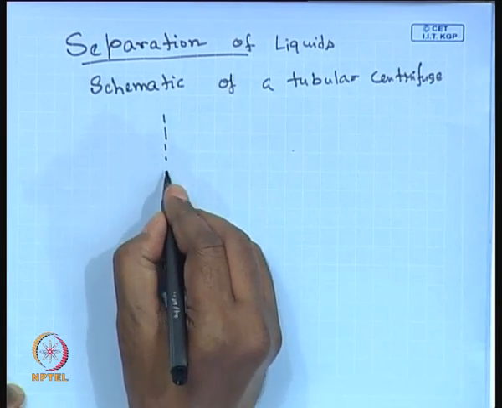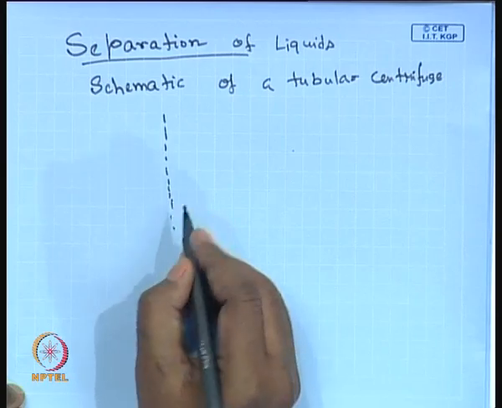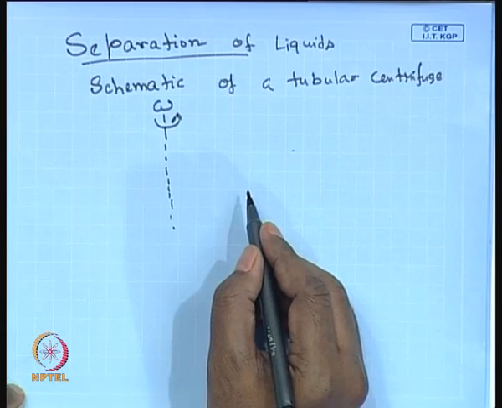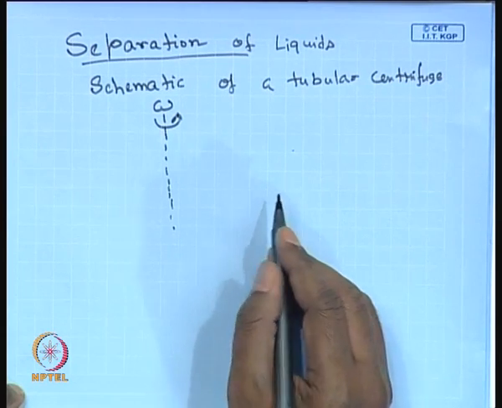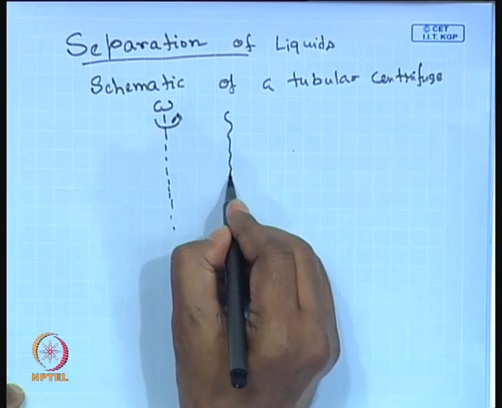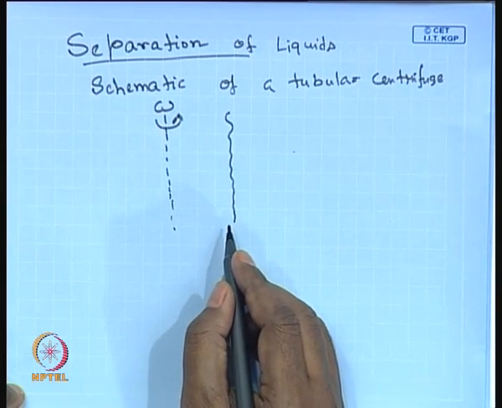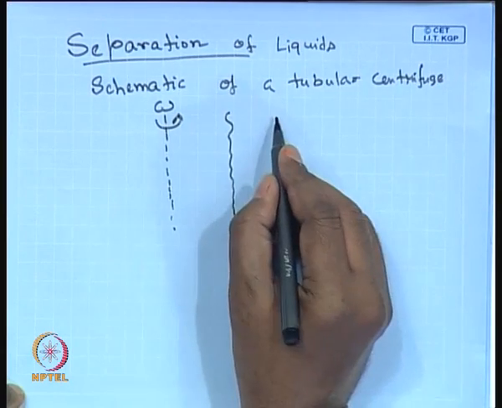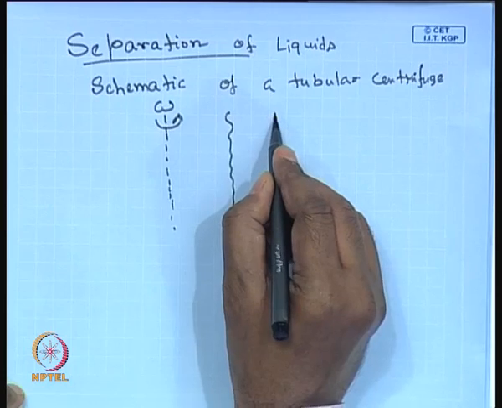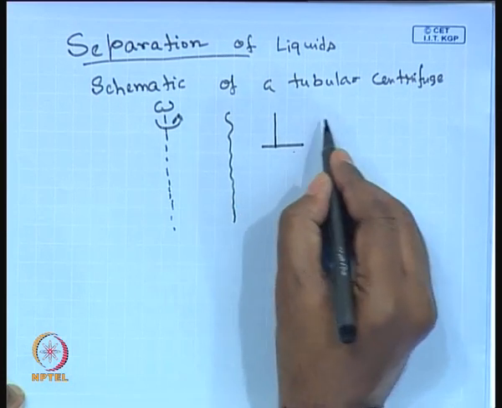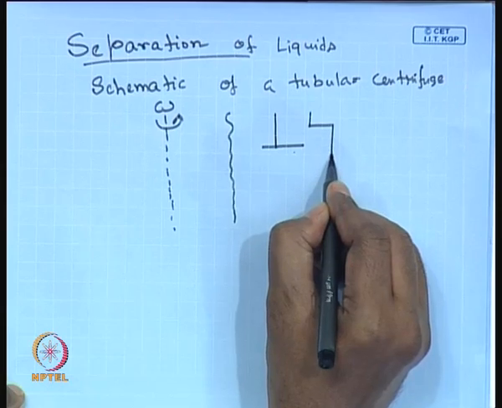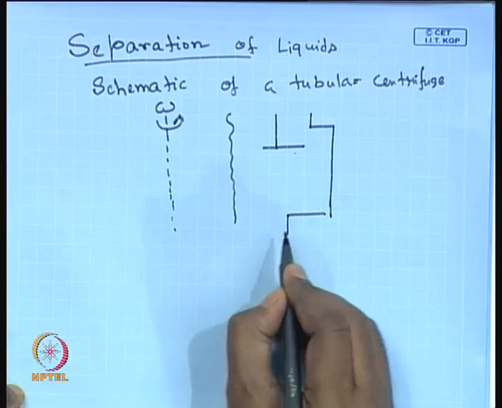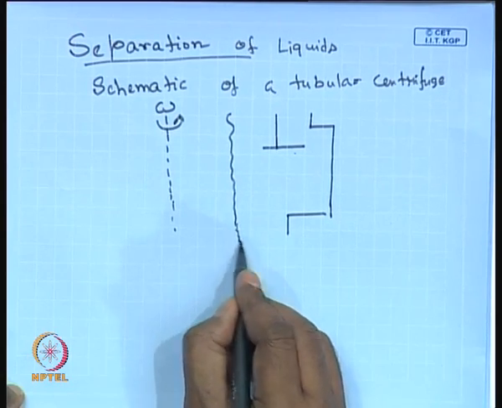I am drawing a symmetric part. This is the axis of symmetry about which the centrifuge is rotating with an angular speed omega, and let us say this is the portion where you will have liquid. Now we will have a header here.